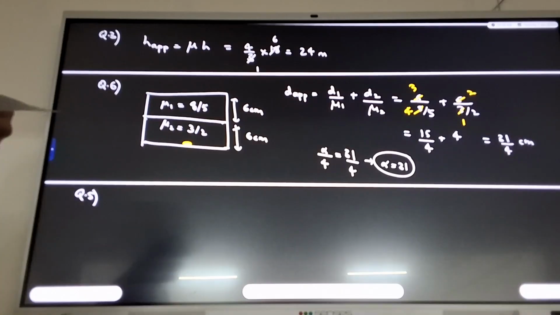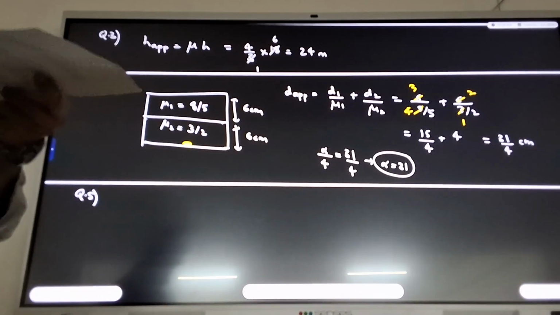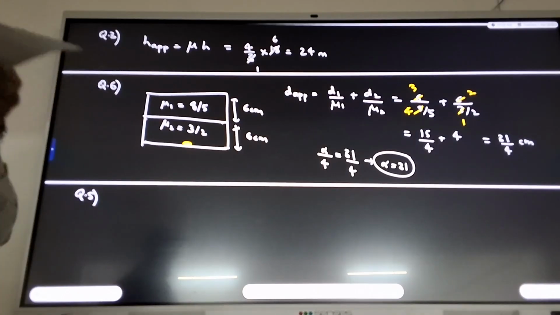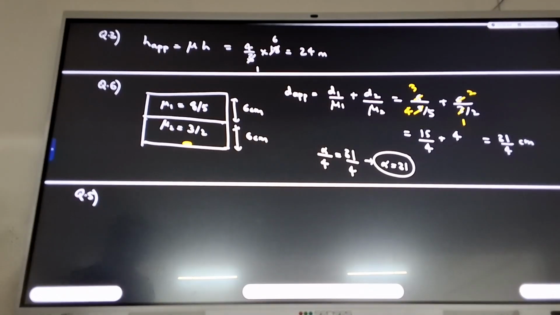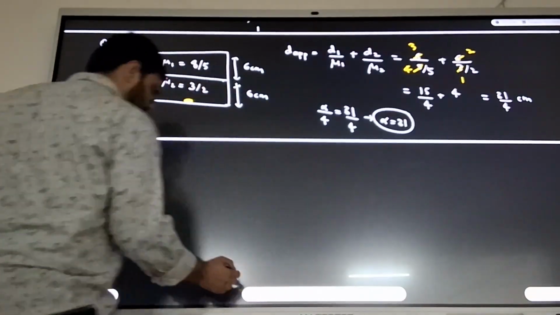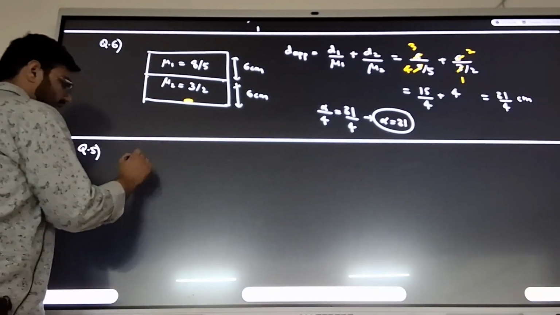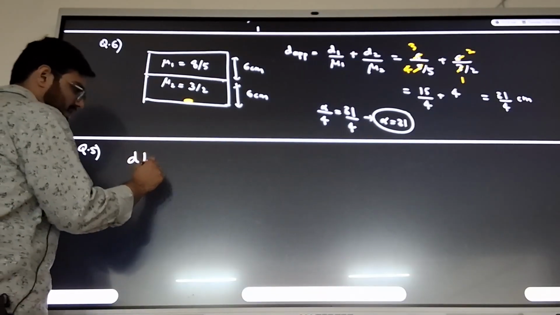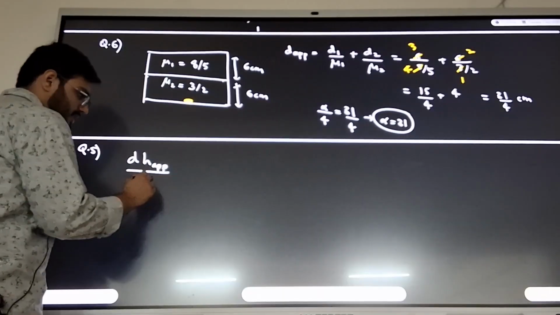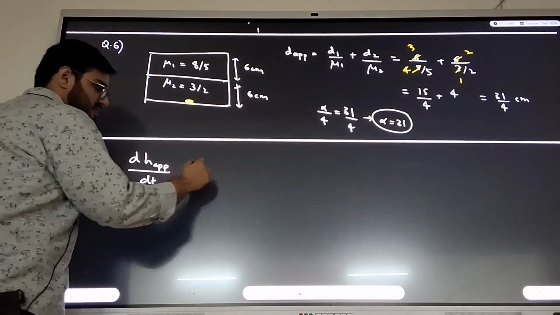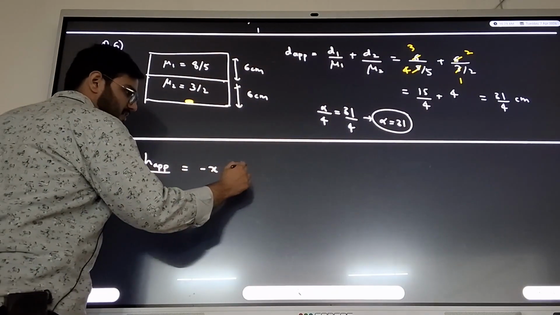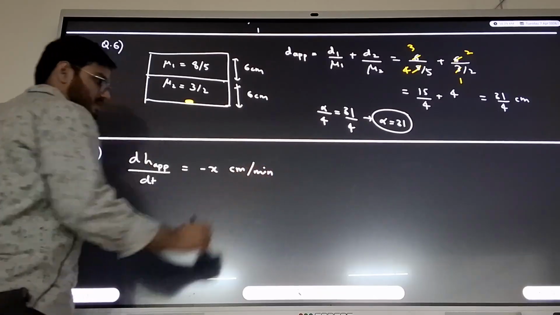Yes, diameter is given of the cylindrical water tank, and the apparent depth is decreasing at a rate of x centimeter per minute. So they have given that dh apparent upon dt is decreasing, so minus x centimeter per minute. This is given, na?